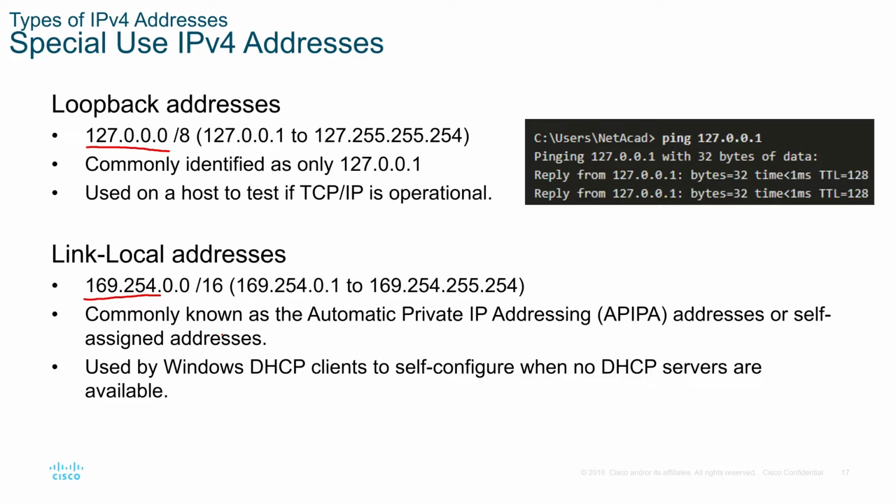It is commonly known as automatic private IP addressing, or APIPA, or self-assigned addresses. It is used by Windows DHCP clients to self-configure when there are no DHCP servers available.